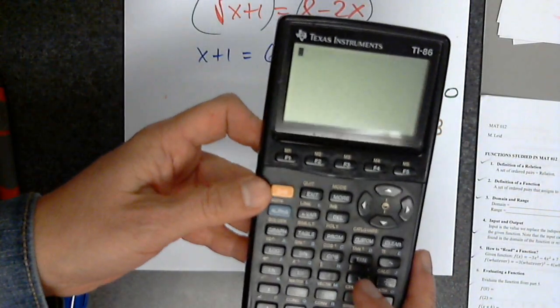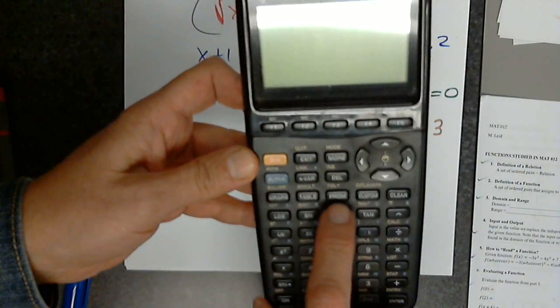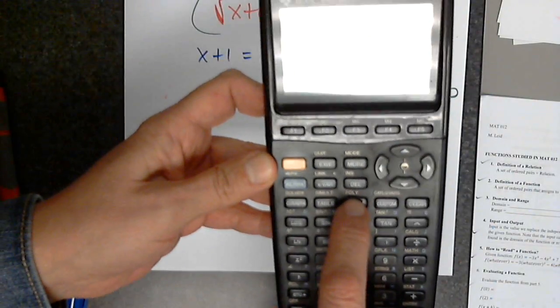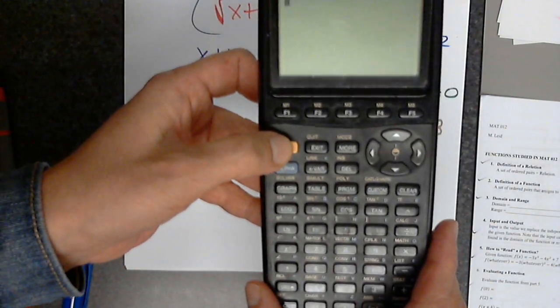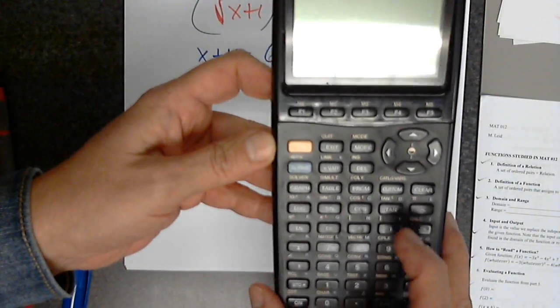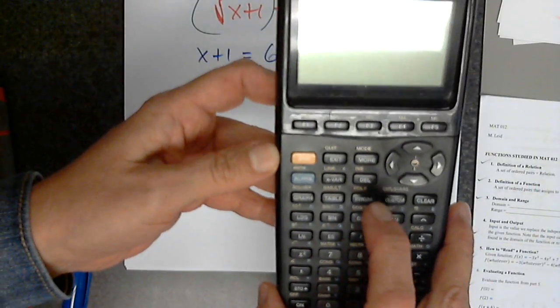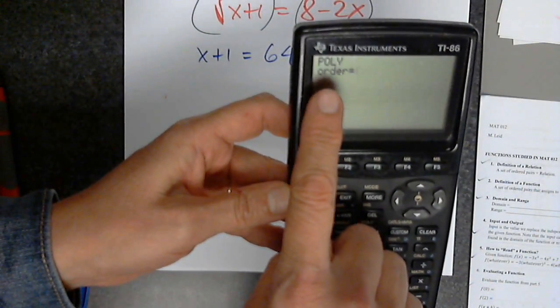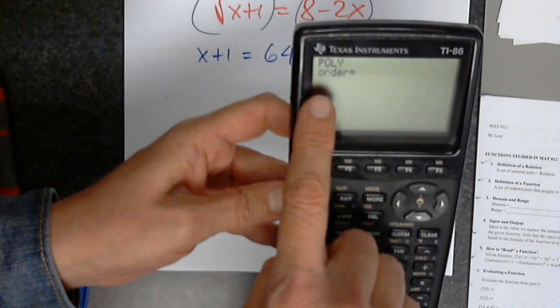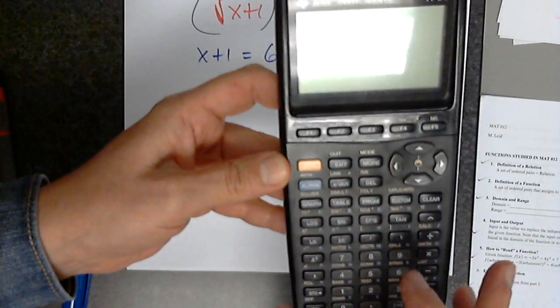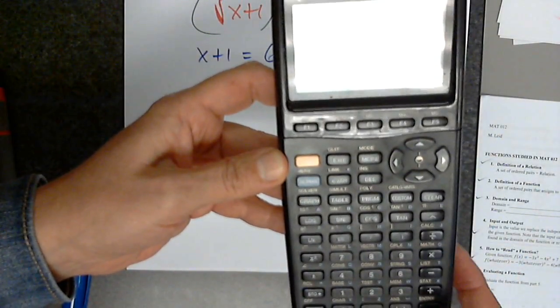But I want to show you why I like this calculator so much, because it has a feature that is called polynomial. So I press on the yellow, on second key, and then poly, and it's asking me, the calculator is very old, so it says order instead of degree. Well, it's 2. Degree is 2.